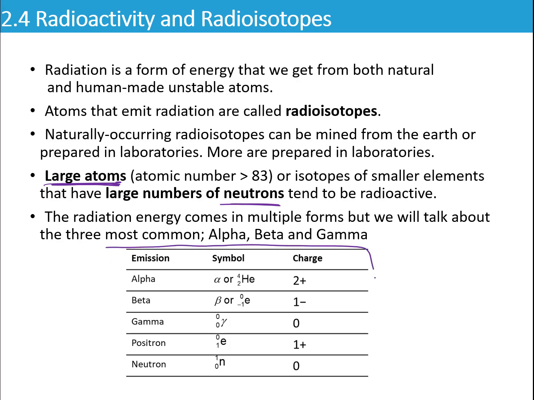The ones we're going to talk about tonight are these 3. We're really not going to talk about the positron and the neutron types because they're not as commonly used in medicine. We're going to talk about these 3 and how they're used in medicine, when you might be exposed to alpha, beta, or gamma radiation, and then how you protect yourself.